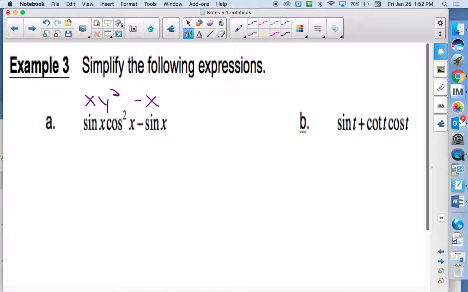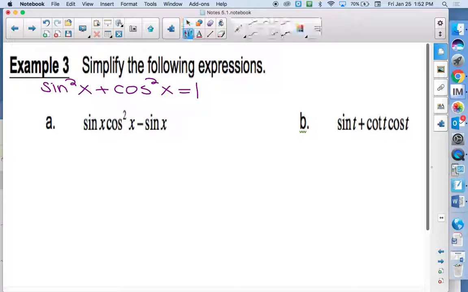Libby, what do you think? Do you make the cosine squared 1 minus sine squared? Okay, can you tell me that identity that you're using? It is the Pythagorean identities, and it's sine squared plus cosine squared equals 1. But it also could, if you subtracted the sine squared to the other side, be cosine squared equals 1 minus sine squared. Okay, so just to get you to see what she is looking at, there is a cosine squared in this problem.